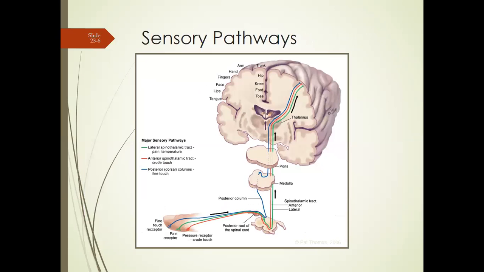Now, this is a picture of the sensory pathways. You can see the sensory pathways start from the cerebral cortex and go downwards.